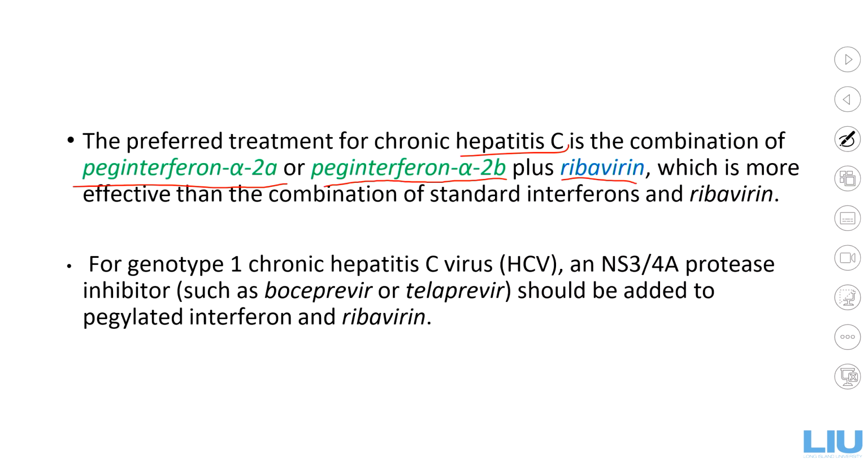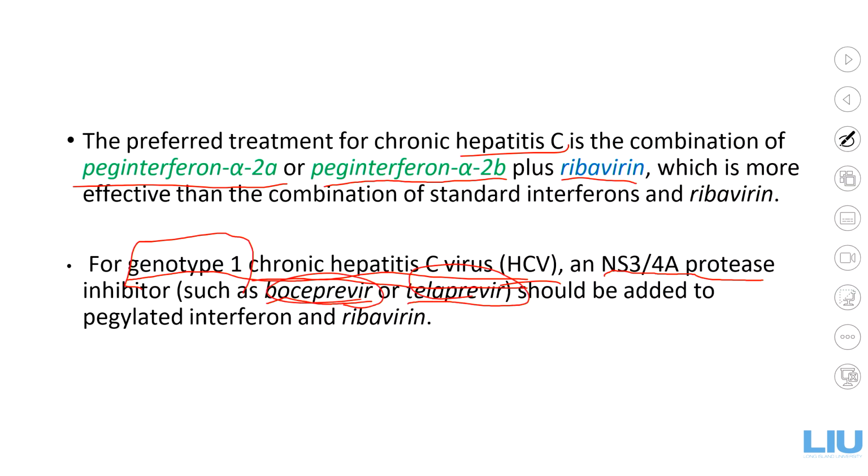There's something interesting about hepatitis C, which is that it has genotypes. There's something called genotype 1 hepatitis C. This specific genotype has a protease called NS3-4A protease. And so there are specific drugs that target this protease enzyme, and those drugs are boceprevir and telaprevir.